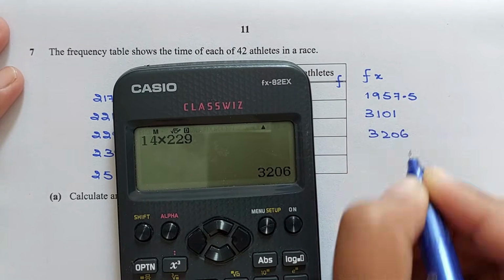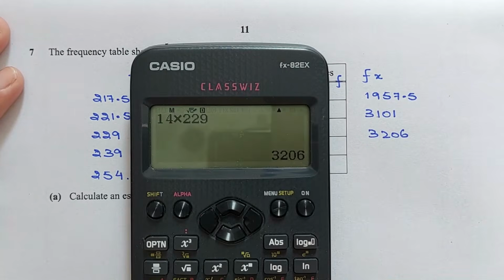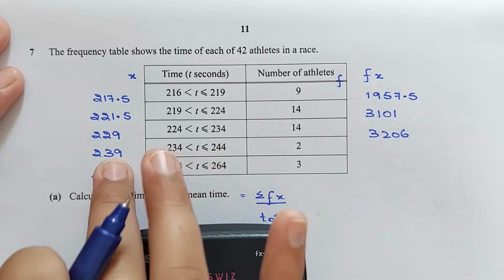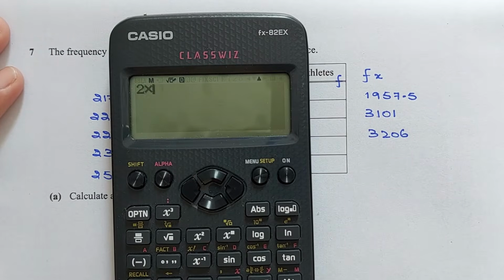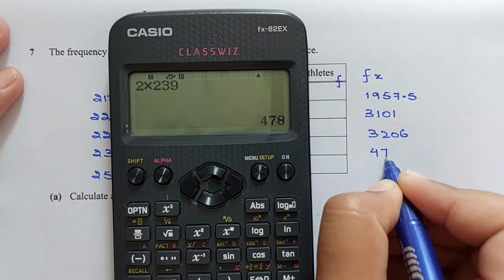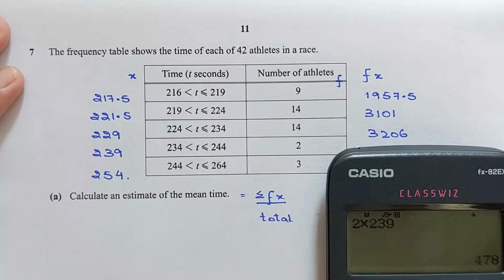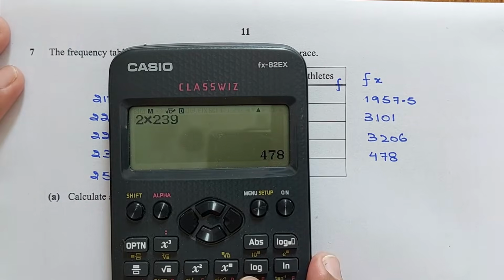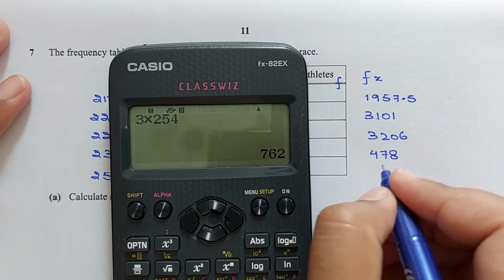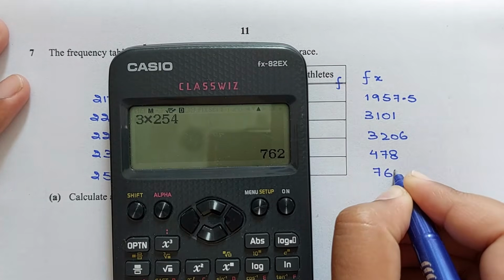2 into 239, yes, 478. 3 into 254, which is 762.